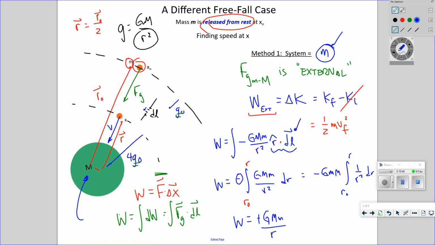And instead of calling these r, I'm going to call them x, because I did that in the diagram. So this goes from x naught to x, which means I have to evaluate from x naught to x.